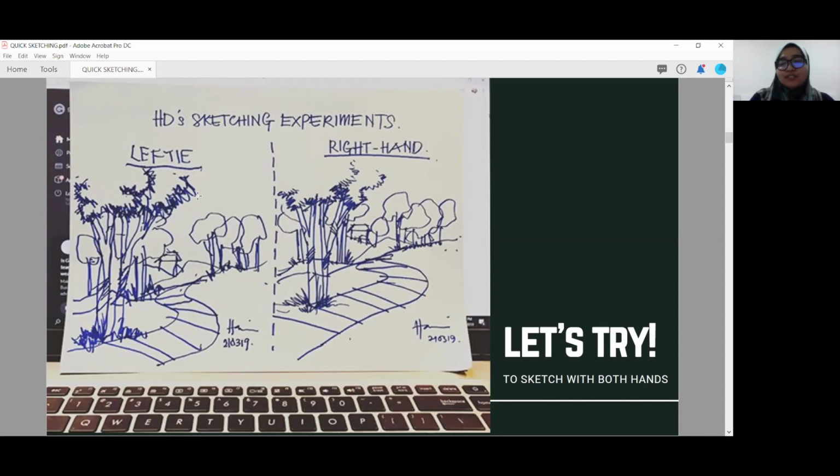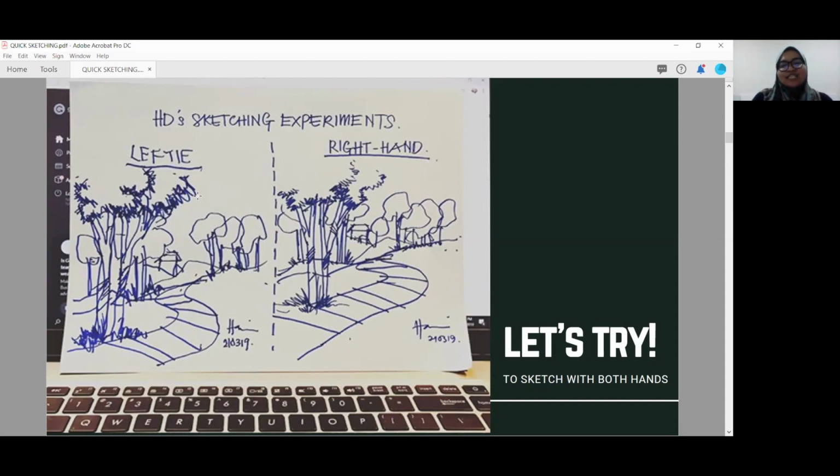I'm not saying that you need to be ambidextrous, but having the capability of using both hands is a bonus. Maybe you can try to sketch one thing. If you are right-handed, try to sketch something, and after that use your left hand to imitate the sketch that was produced by the original hand that you are using.